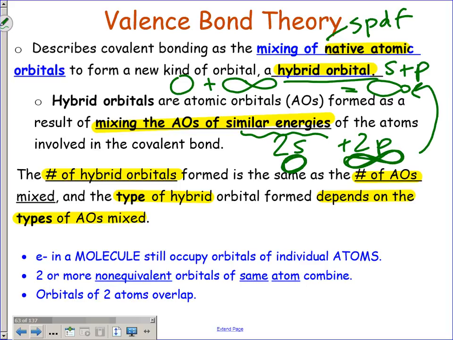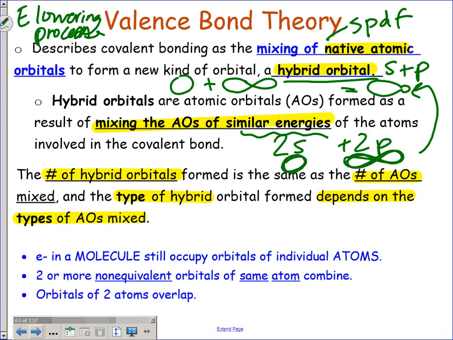Because bonding, as we probably read in our reading, is an energy lowering process. If not, there's no reason to bond because there's no benefit to bonding. So when 2 atoms come together, they end up being more stable together. So that's why the energy of the atomic orbitals that are blending and the hybrid orbitals that are being formed are similar in their energy scheme.